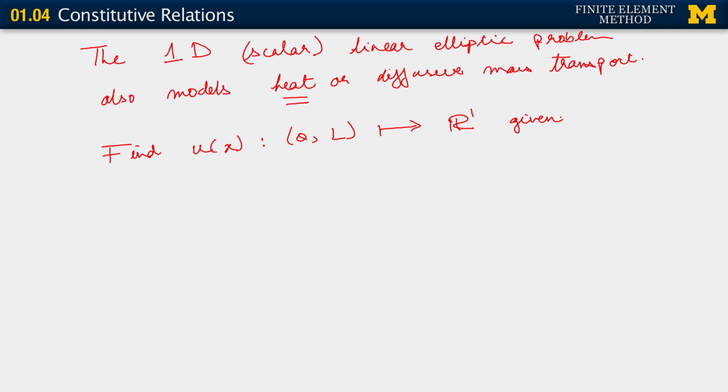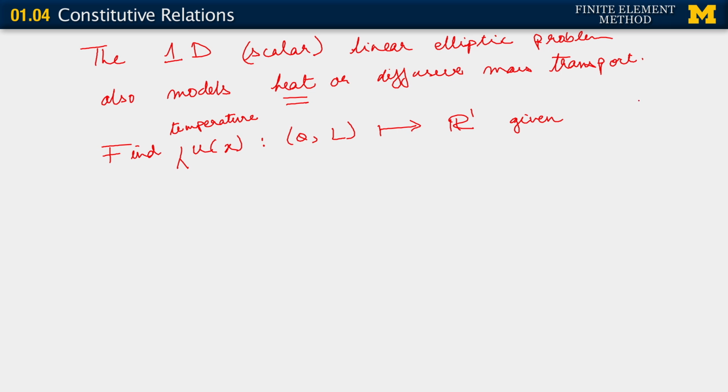Because we're talking of the heat transport problem, I will also state here that when we talk about u, the primal field, we have the temperature in mind. So find the temperature u, which is a mapping from 0, L open interval to R1, given the following.